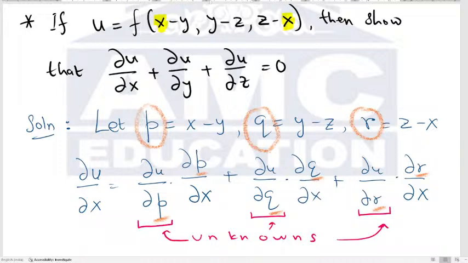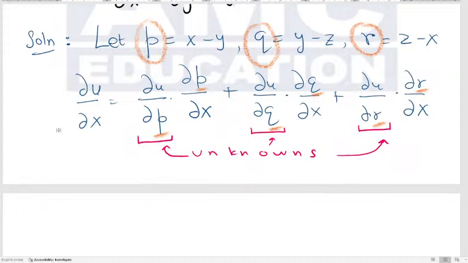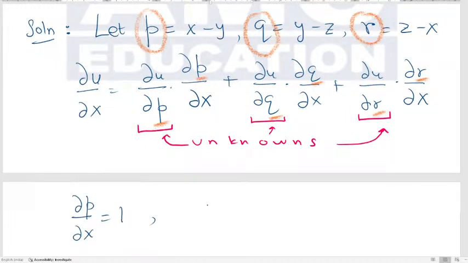Whereas you can find out what ∂p/∂x is, right? See, p is x minus y, correct? So since p is x minus y, ∂p/∂x is 1. Then ∂q/∂x is equal to 0. There's no x anywhere in q, so ∂q/∂x is simply equal to 0.